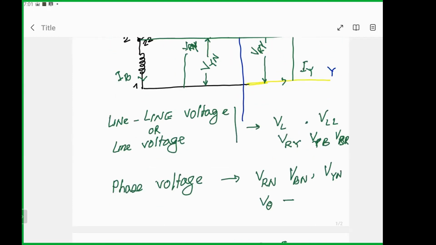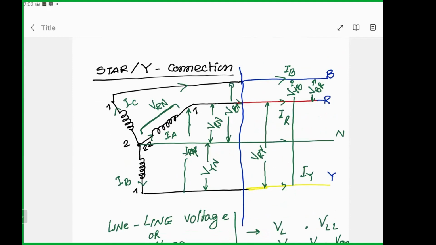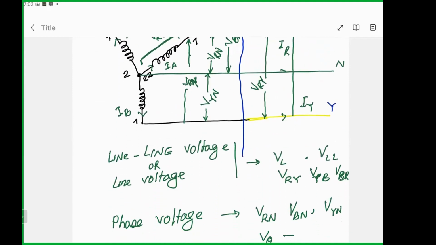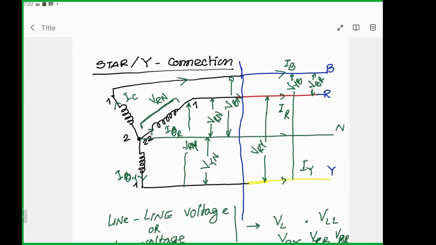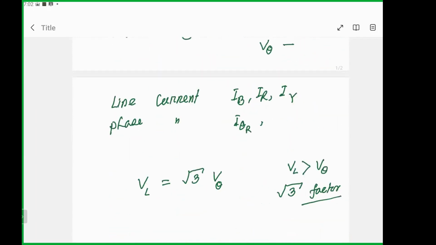Now, what about the line current and the phase current? Do you find any relationship like with the line voltage? Let us write this as Iθ with the same notation: Iθ R, this one Iθ Y, and this one Iθ B. That simplifies everything.